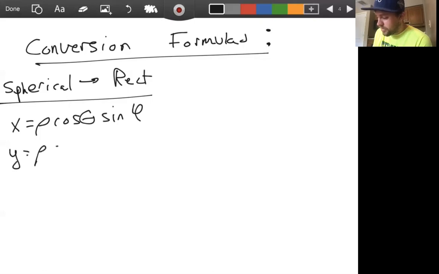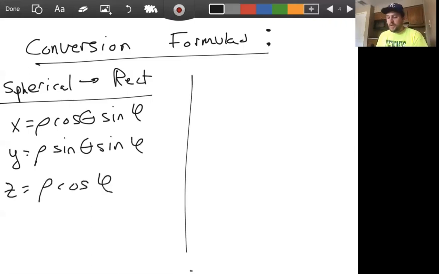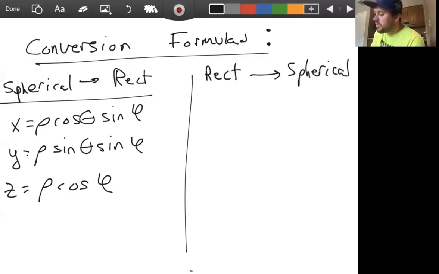Y equals rho sine theta sine phi. And Z equals rho cosine phi. And we also have formulas to go from rectangular to spherical. These aren't very difficult to derive. You just need to think about the geometry and the trig of what's going on here a little bit, and see if you can derive these formulas.